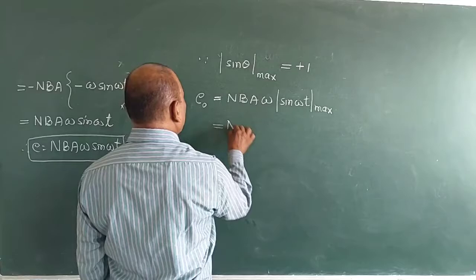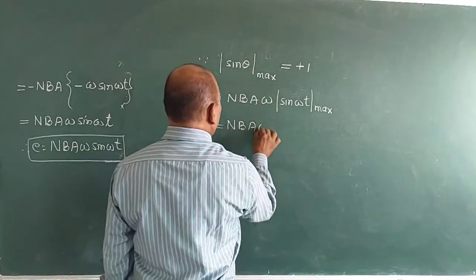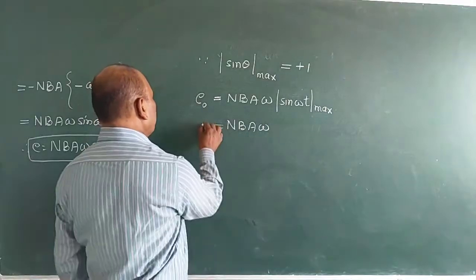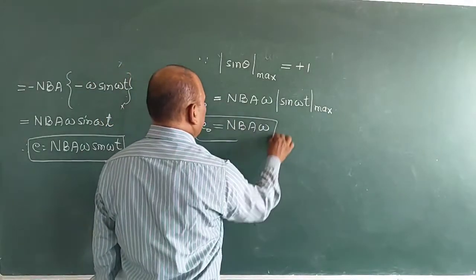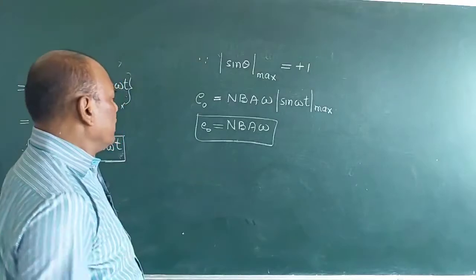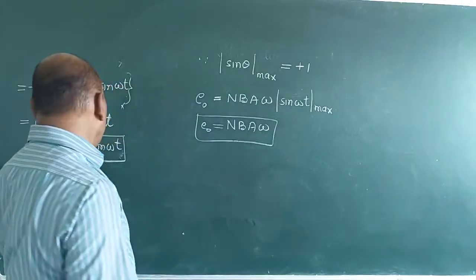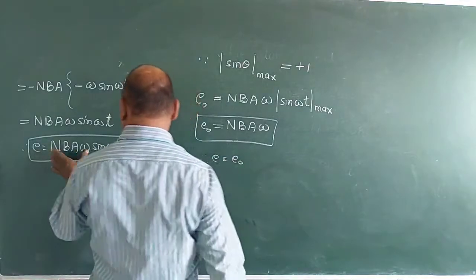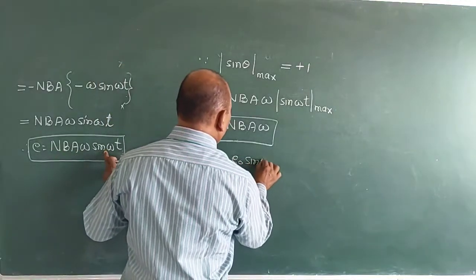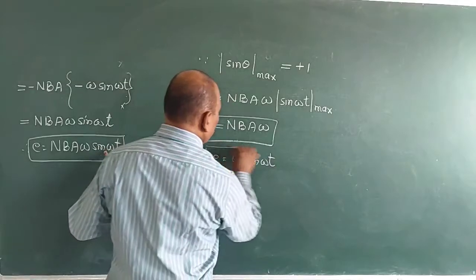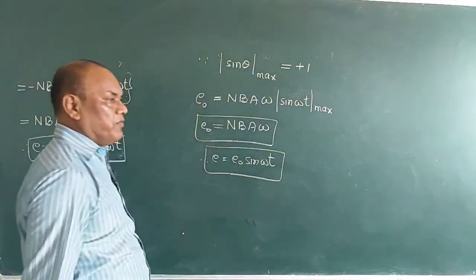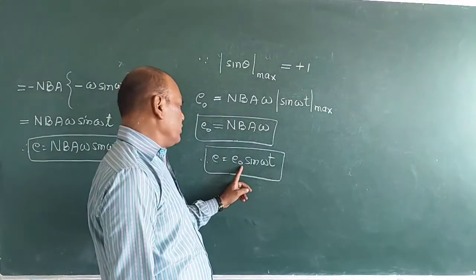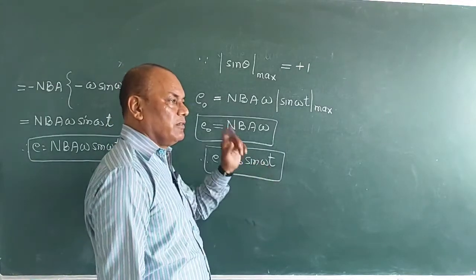So this becomes n BA omega, its value is 1, therefore E naught is equal to n BA omega. Now putting this value in this equation, we have E is equal to E naught sin omega t. So the induced EMF which is produced in the coil is E equal to E0 sin omega t.